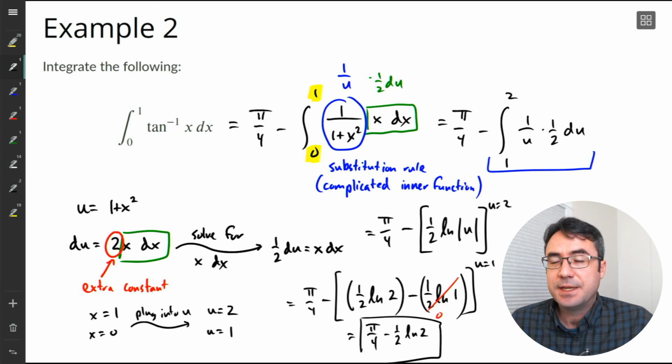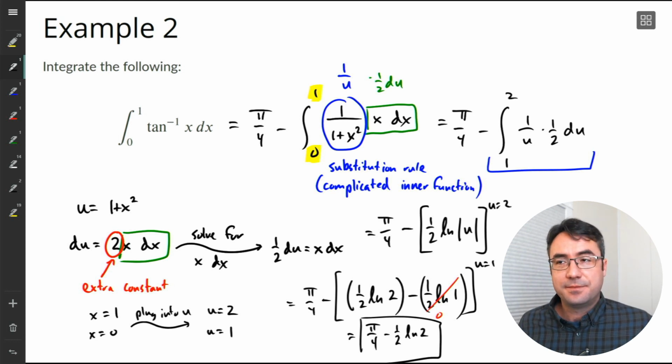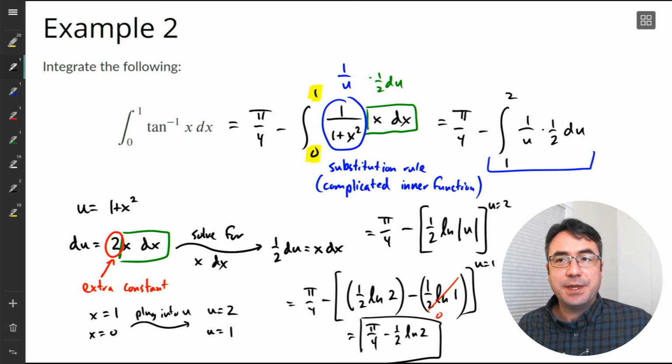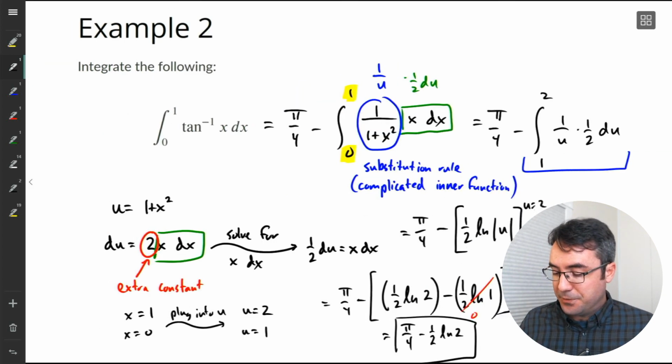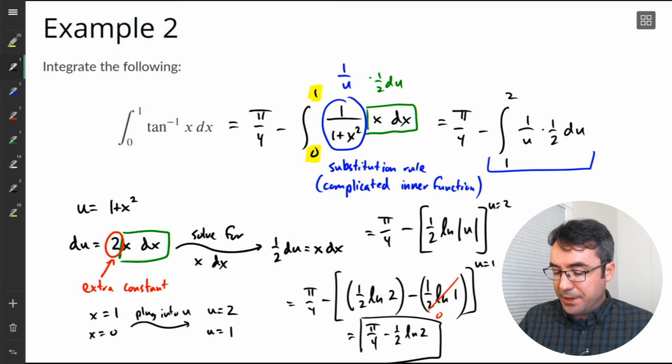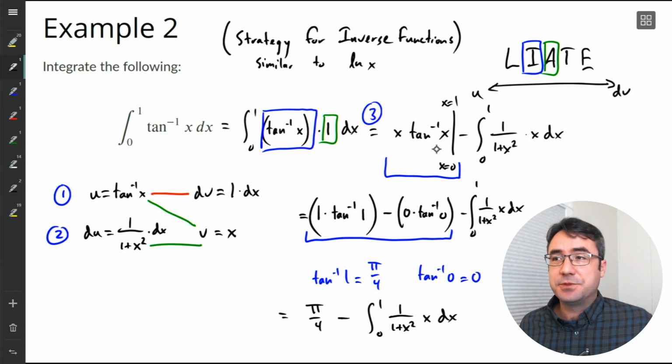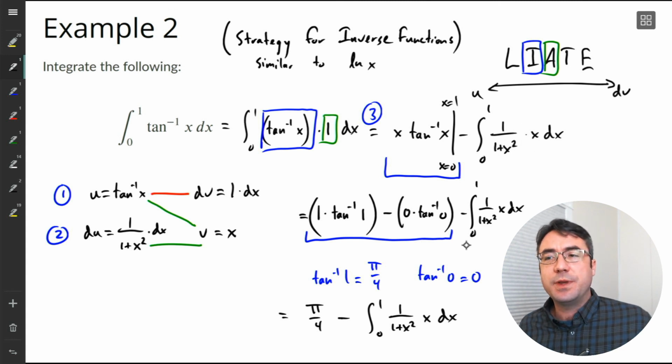So there we go. Really the only thing different here is that the integration by parts technique, the strategy, is all the same. The only thing different is how we handle the evaluation. So we have a little bit of control over where we evaluate things. For this example 2, we evaluated our u times v first, and then we had this remaining integral, which required a little bit more work, so we evaluated that second.